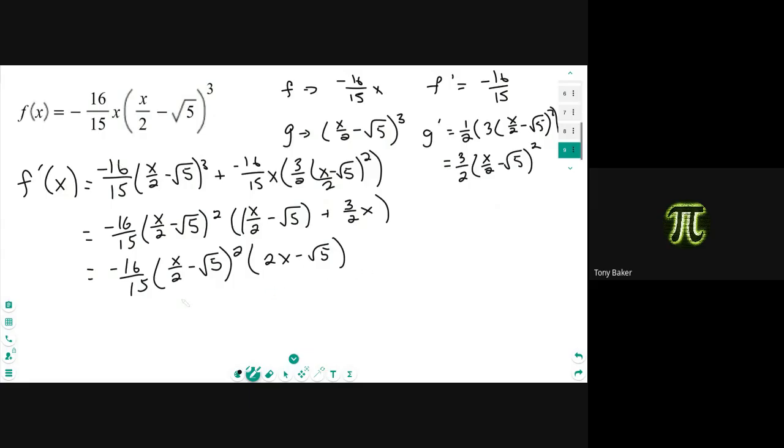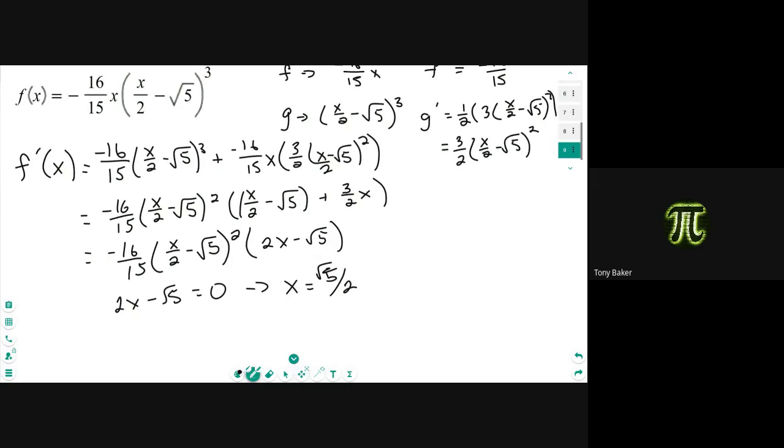Yep. So if we solve this one, we have 2x minus square root of 5, so that's x equals square root of 5 over 2. And then the other one, x over 2 minus the square root of 5 equals 0. x is 2 square root of 5.